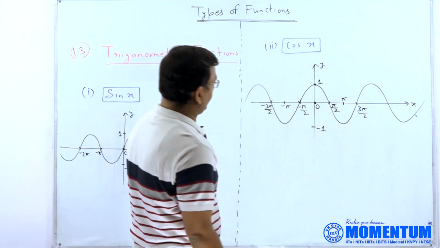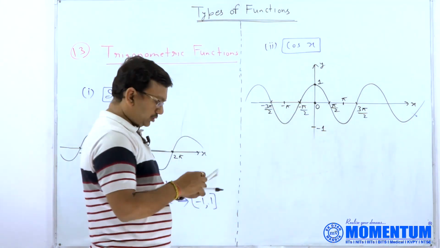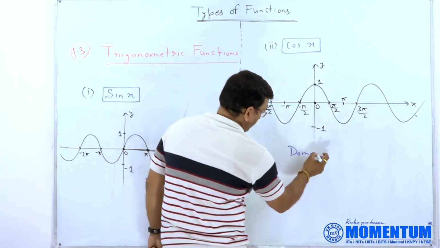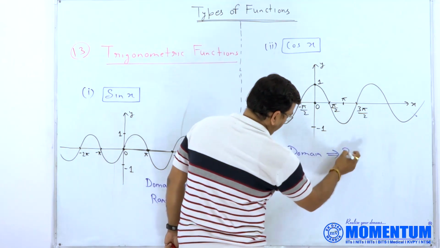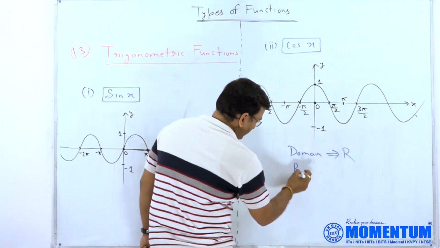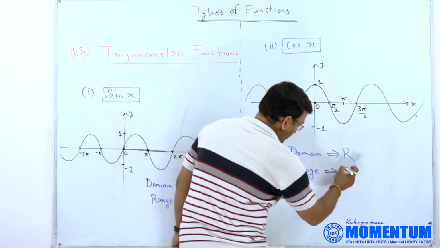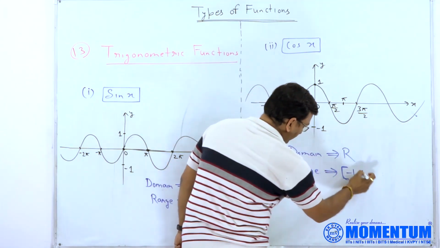This is our second trigonometric function, cos of x. From the diagram, domain once again is all x, all real values of x, and range is the same as sine of x, square bracket -1 to +1.